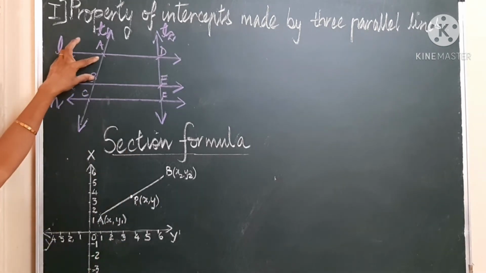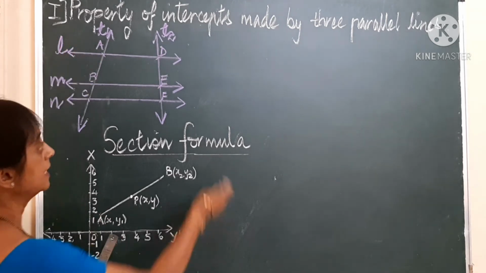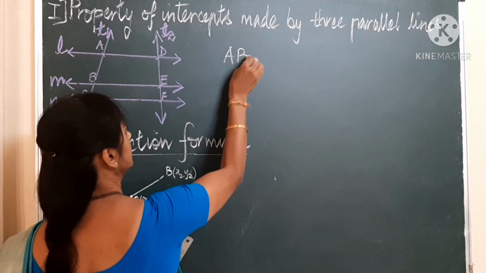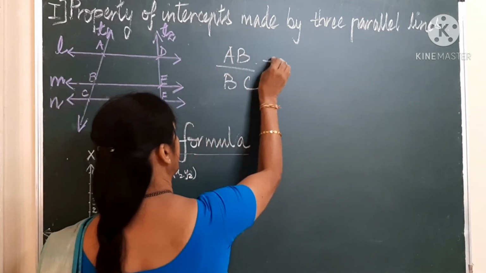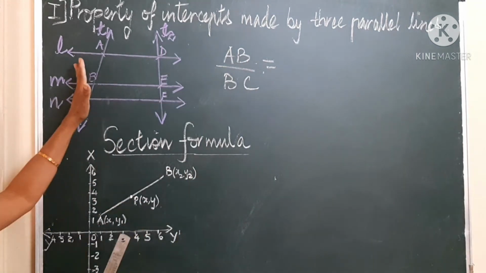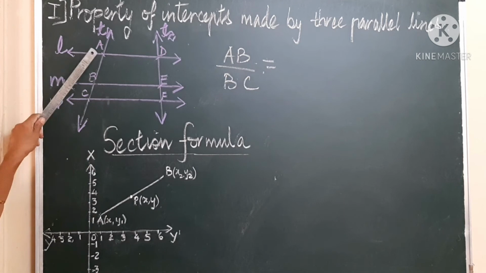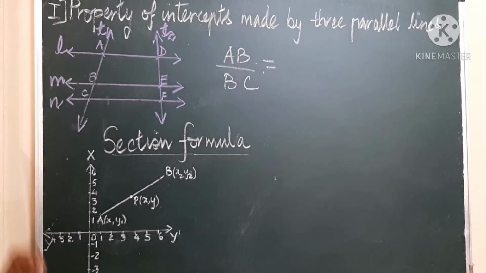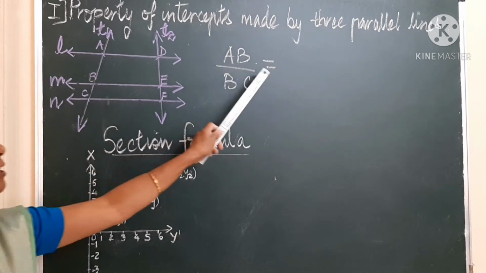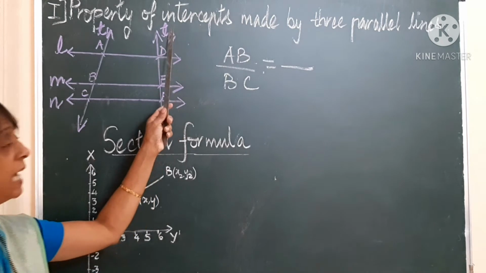Then it says that the ratio of the intercepts, that is AB upon BC, so ratio of intercepts made by two transversals are always equal. That means AB upon BC, the intercepts formed by the first transversal, their ratio is always equal to the ratio of the intercepts made by the other transversal.